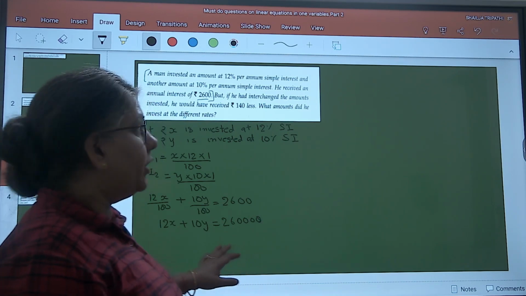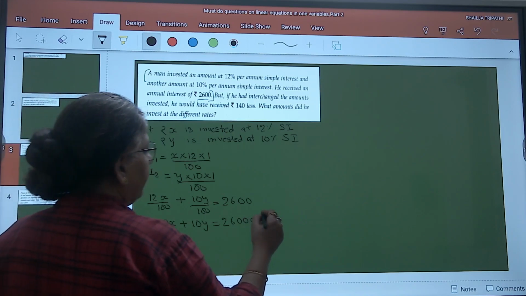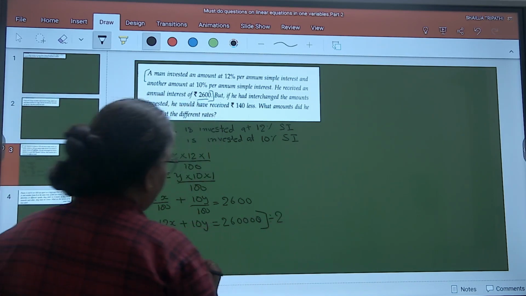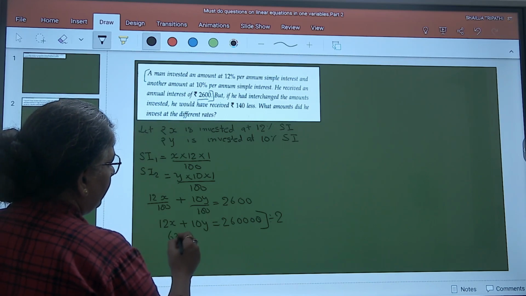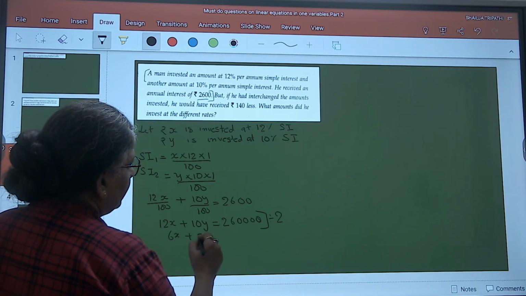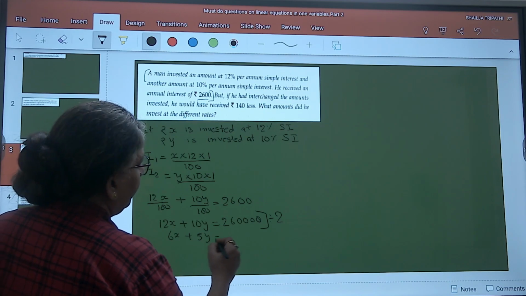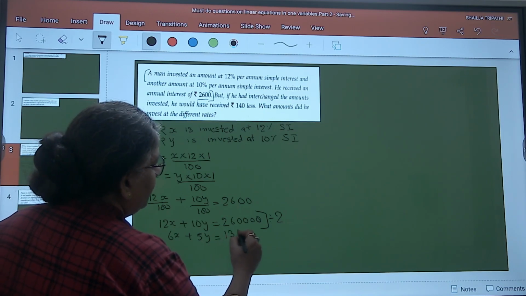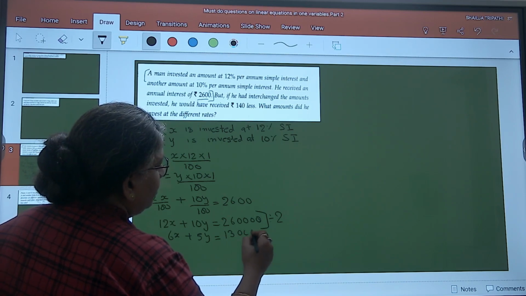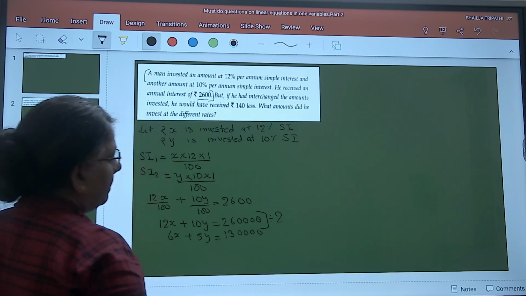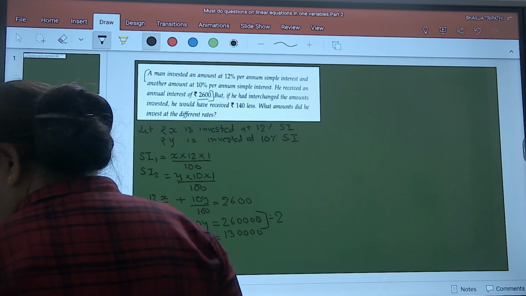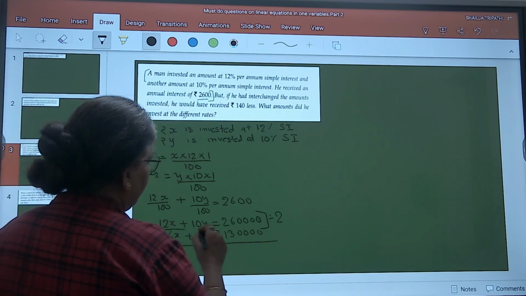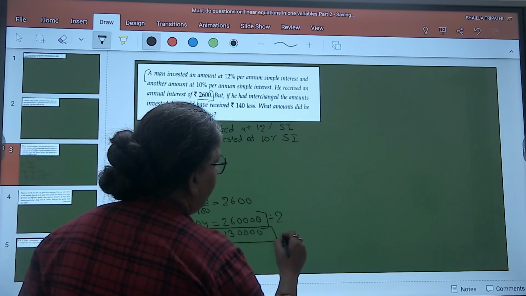Now we can reduce this equation by dividing it by 2. So we get 6x plus 5y is equal to 130000, and this will be our first equation, equation number 1.